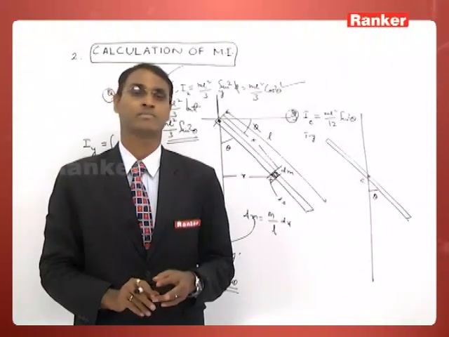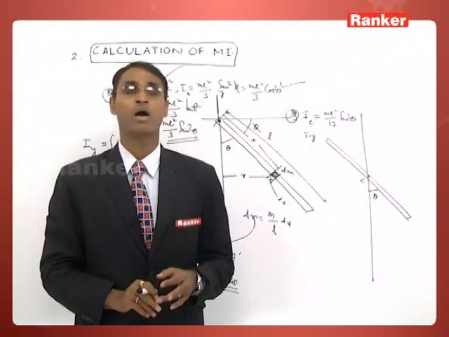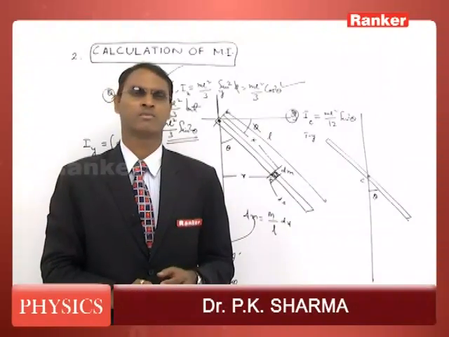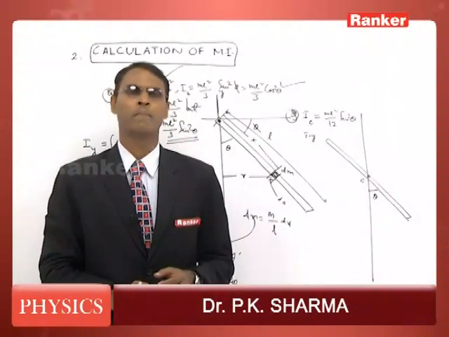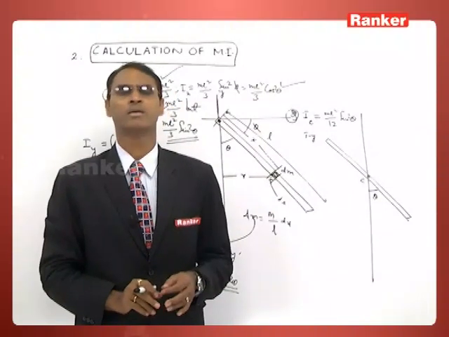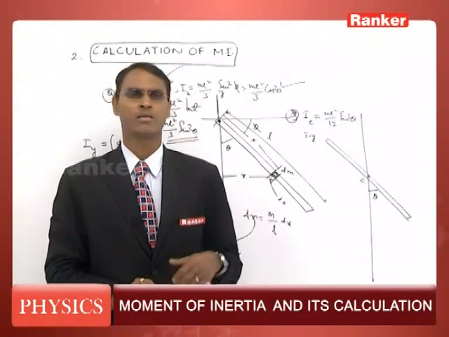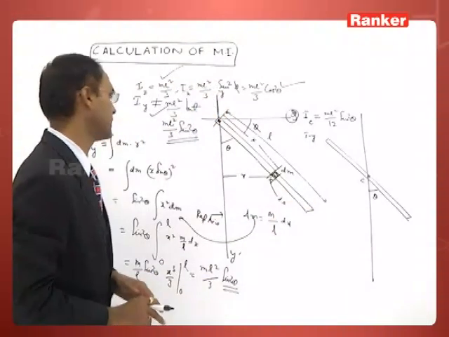Not only that, when the rod is not uniform, the moment of inertia also depends upon the mass distribution, which is characterized by the linear mass density of the rod. In the next problem we are going to discuss it.